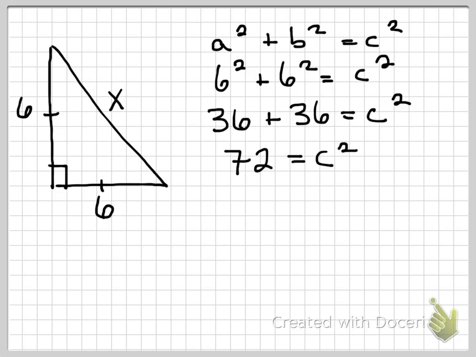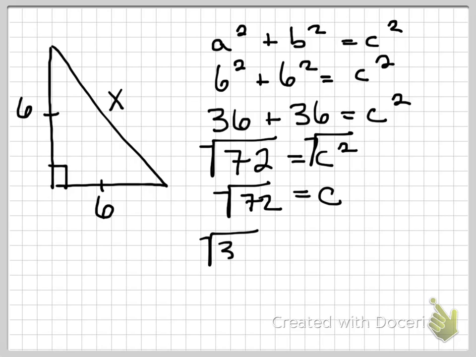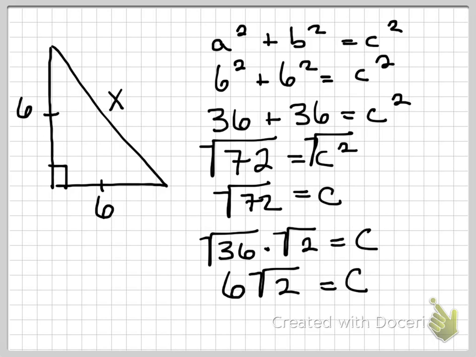Now we're taking the square root of both sides. So c is equal to the square root of 72. And the square root of 72 is also the square root of 36 times the square root of 2. Square root of 36 is 6. So 6 times the square root of 2 equals c.